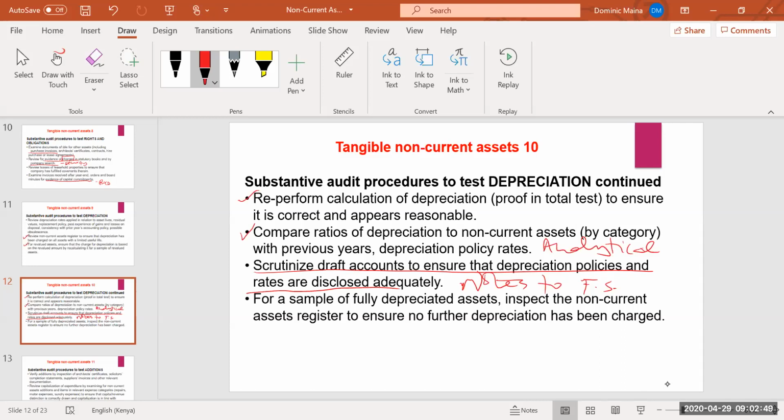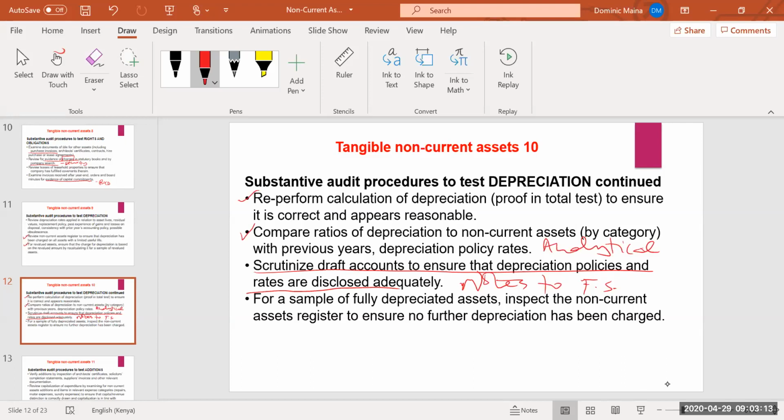For example, fully depreciated assets: inspect the non-current asset register to ensure no further depreciation is charged on them. So if the company has any asset that is fully depreciated, which I think I didn't mention last time, you can have a case where the company does have assets fully depreciated. However, the company is deriving economic benefits from them.